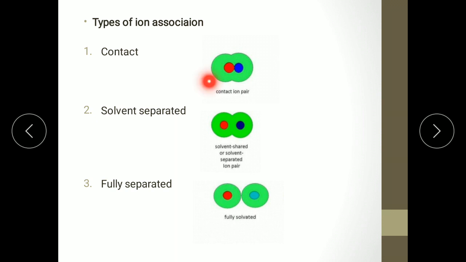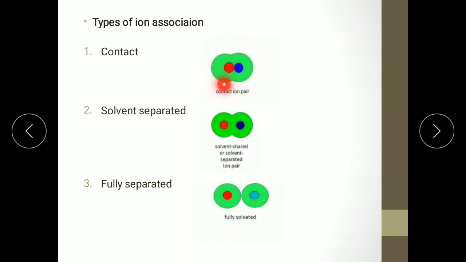In contact type of association, what will happen? Here red color suppose is a positive charge and blue color indicates the negative charge. These both ions will come together and they are in contact with each other. So this is called contact type of association, whereas solvent is surrounded by these ions.